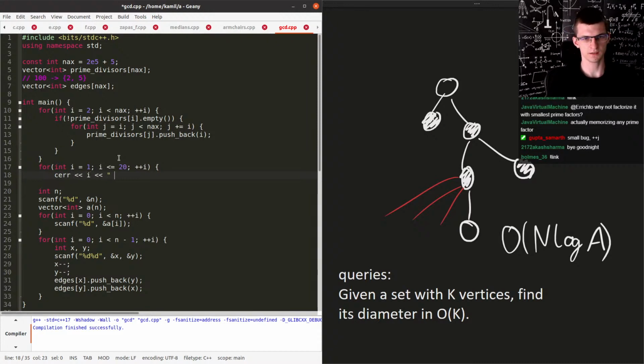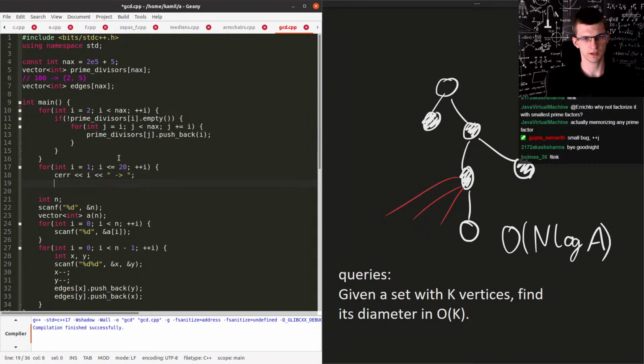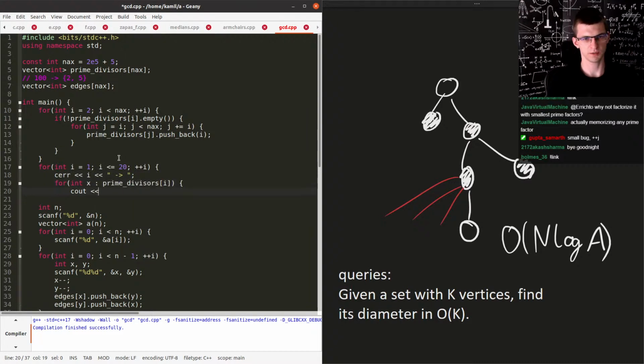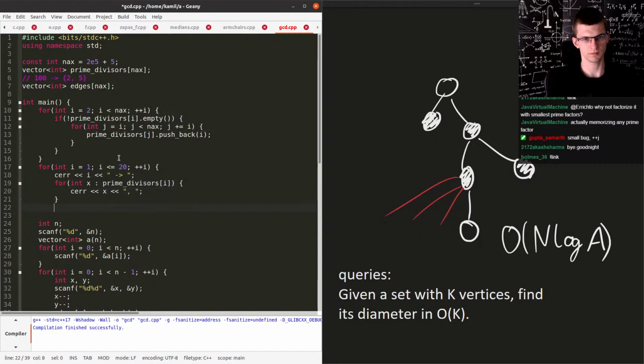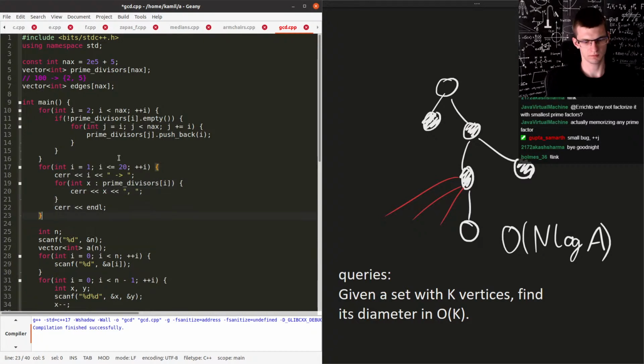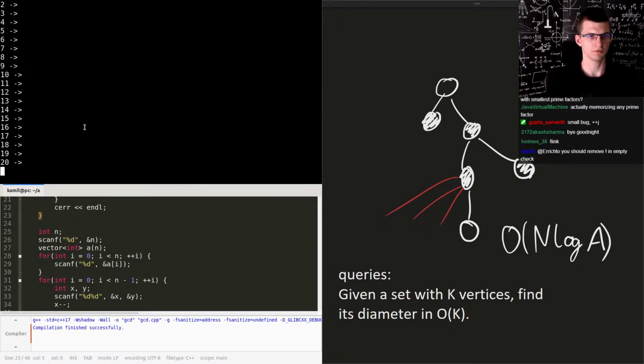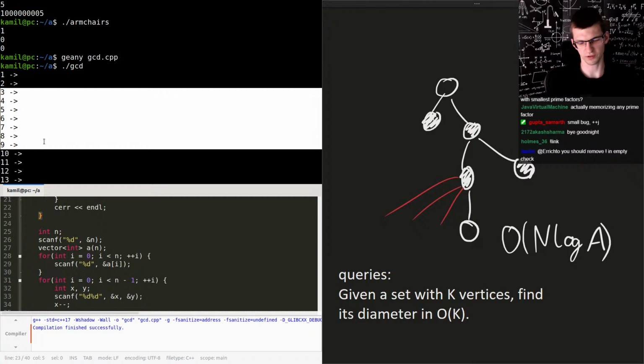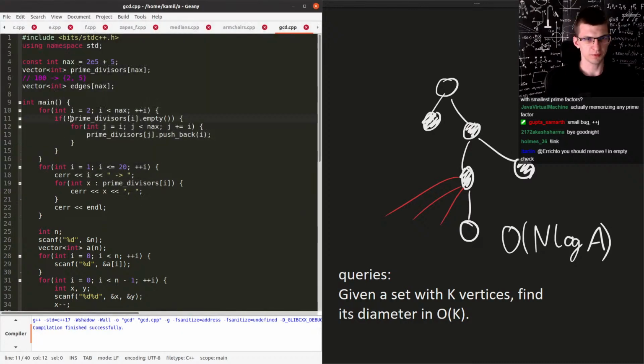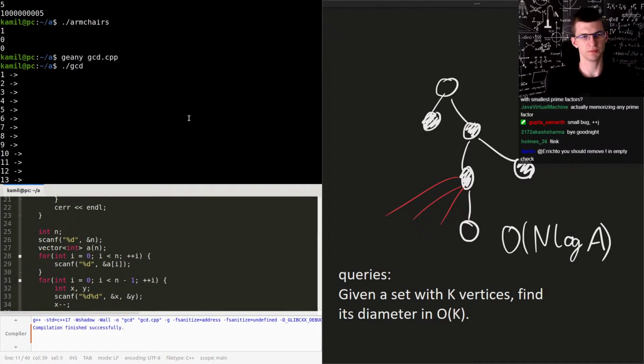For i, we can iterate over prime divisors and print them. Oh, this is certainly wrong. If prime divisors is not empty, then it means that it's a prime.